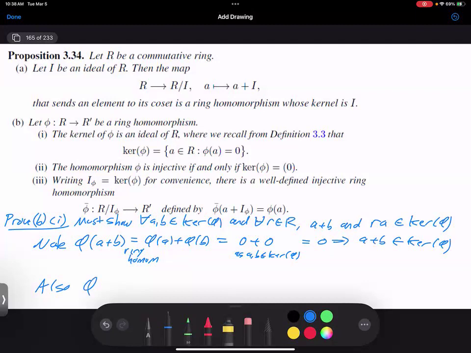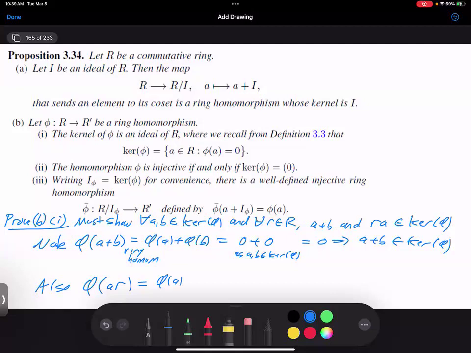So now we need to look at phi of A times R. What would phi of A times R be? We have a ring homomorphism. So what would phi of a product be? The product of the phis. Oh no, I wrote A times R instead of R times A. It's commutative, I can be careless, right?